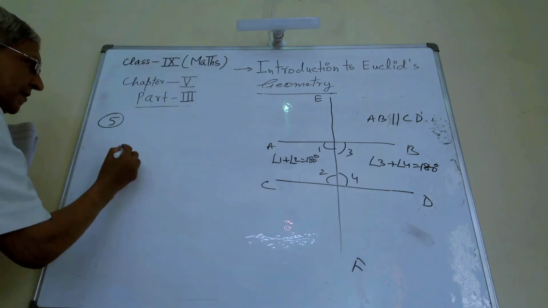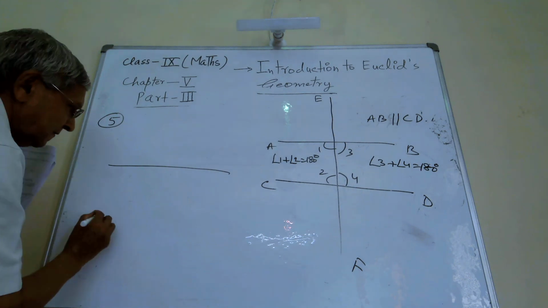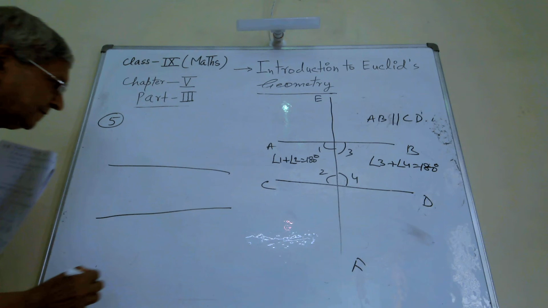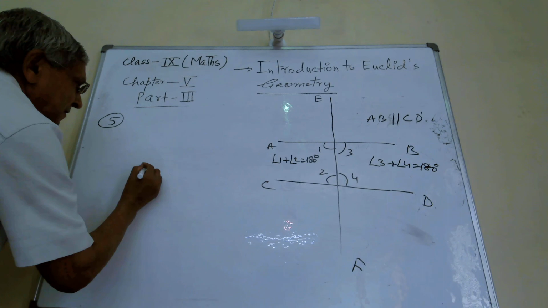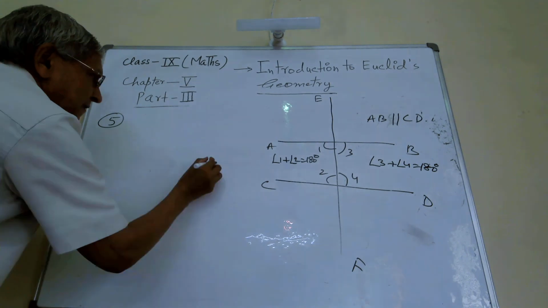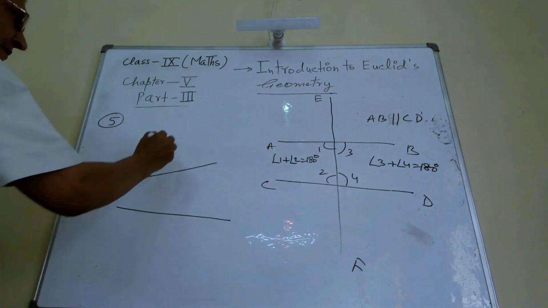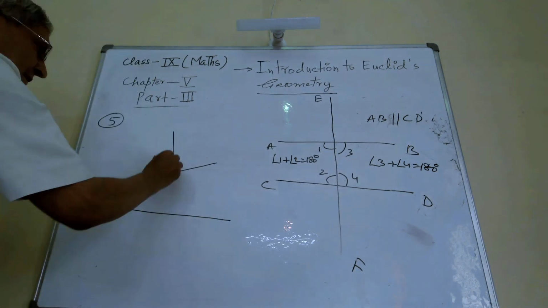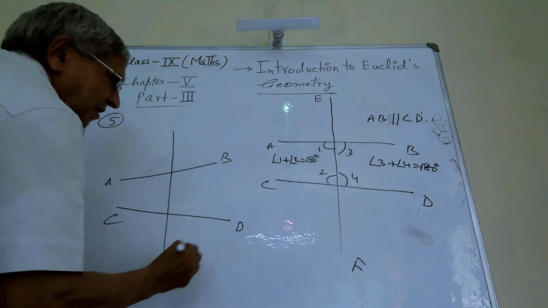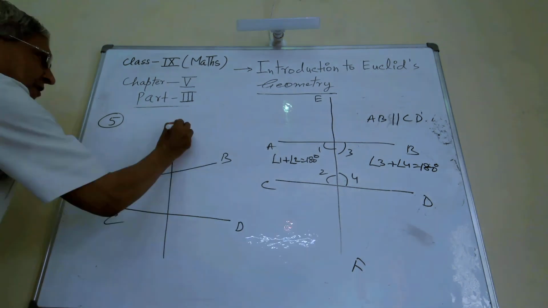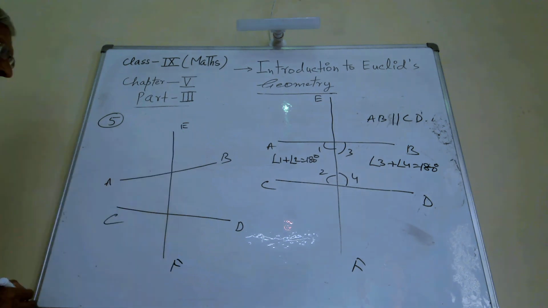But here is the second example. AB and CD are two lines that are not parallel, and EF is a transversal line that intersects these lines.